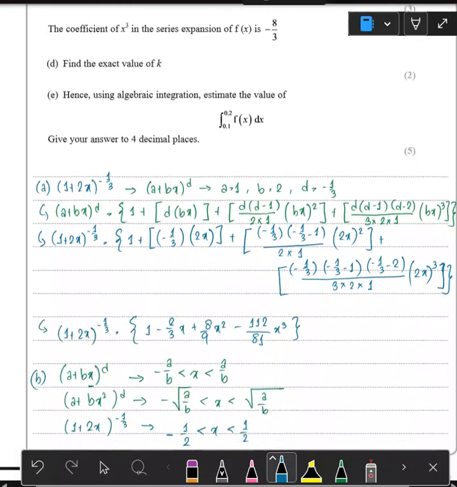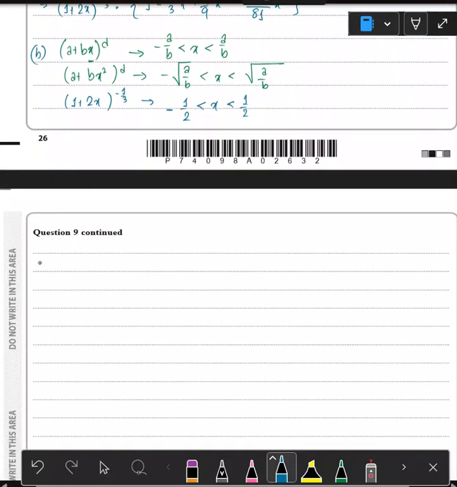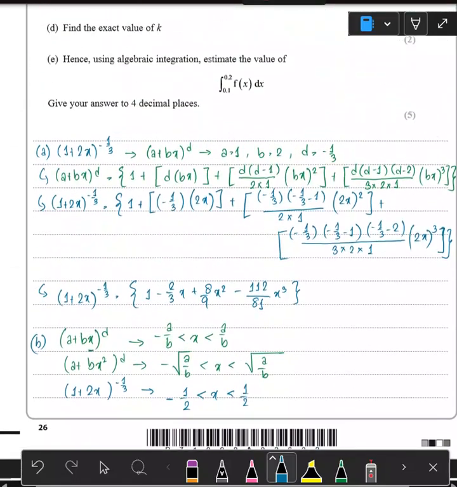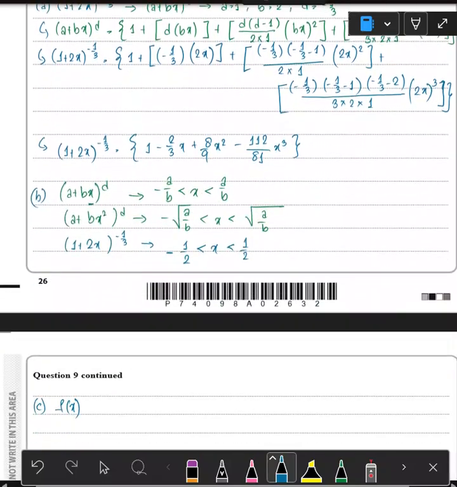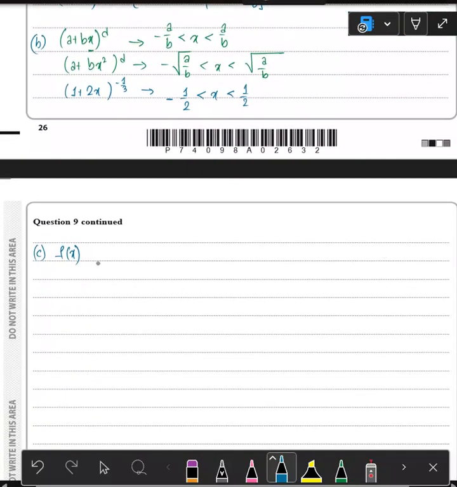So for part C, we have been given fx equal to 2 plus kx squared divided by 1 plus 2x to the power 1 by 3.